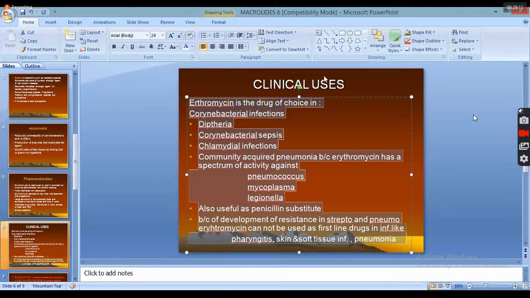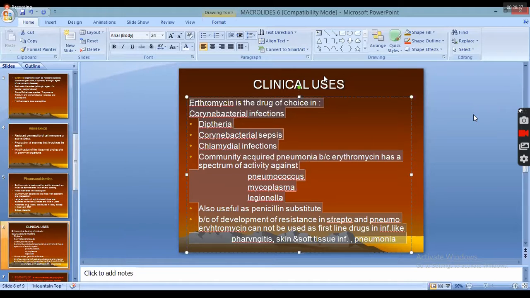So you need to know the pathogens, which were in the previous slide, and clinical uses means you have to remember the diseases. Bordetella pertussis is for pertussis. Then diphtheria is another disease. Then corynebacterial sepsis, sepsis caused specifically by corynebacterial agents, then chlamydia that causes sexually transmitted diseases.